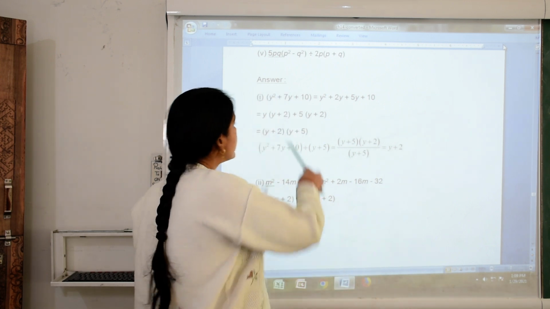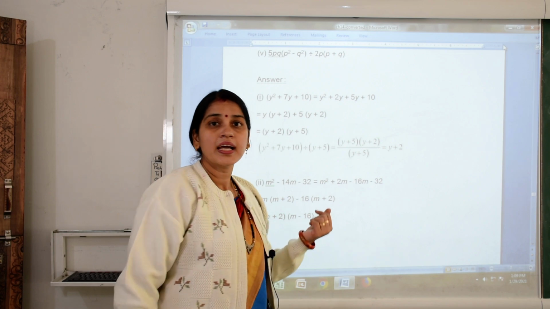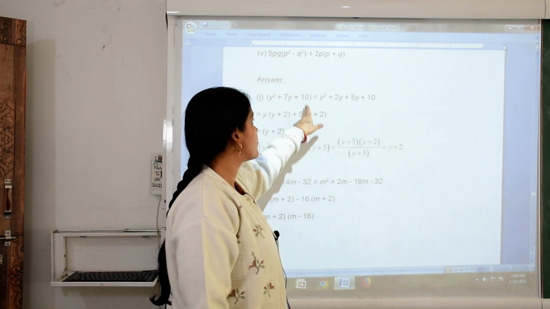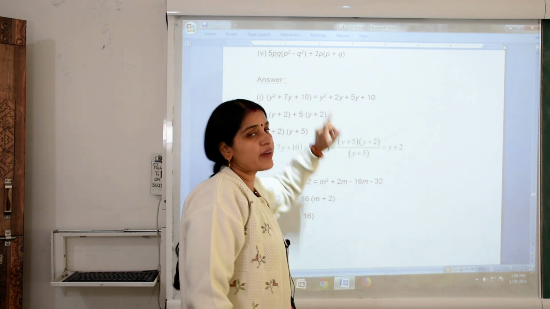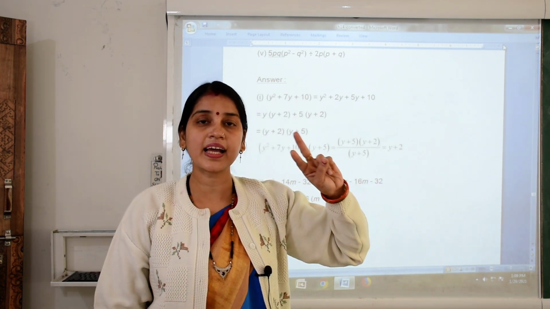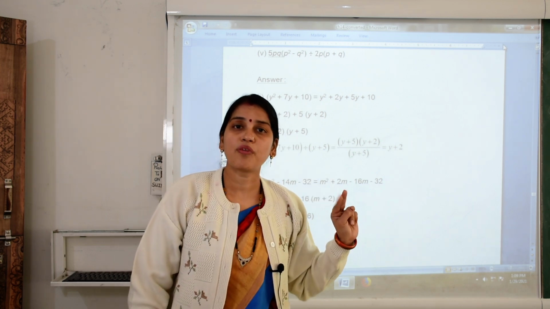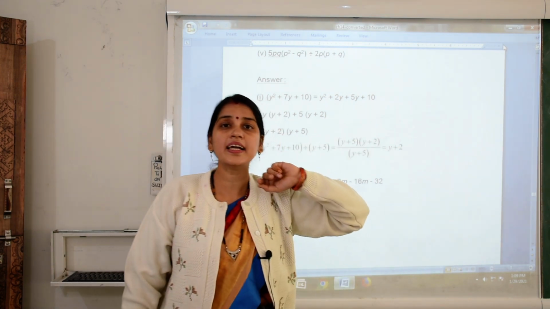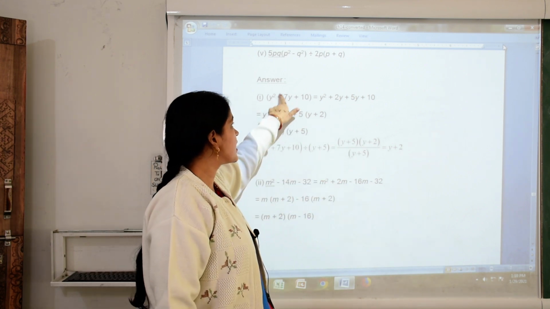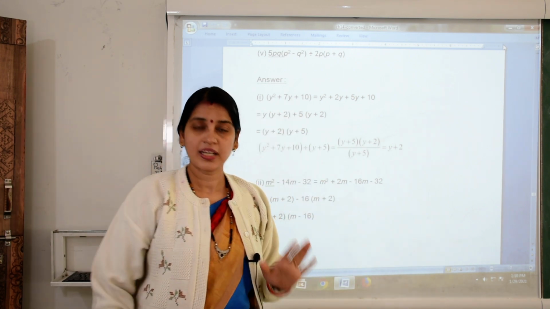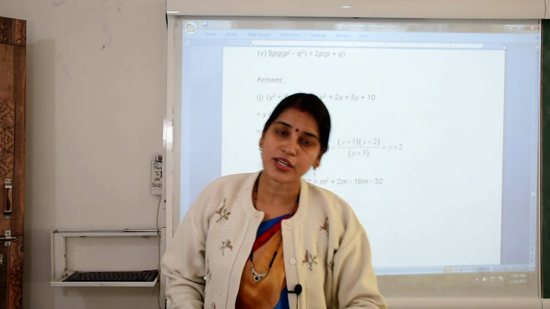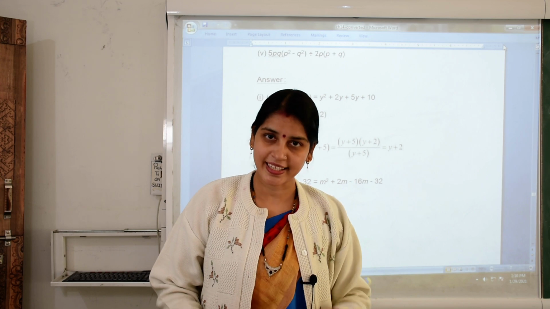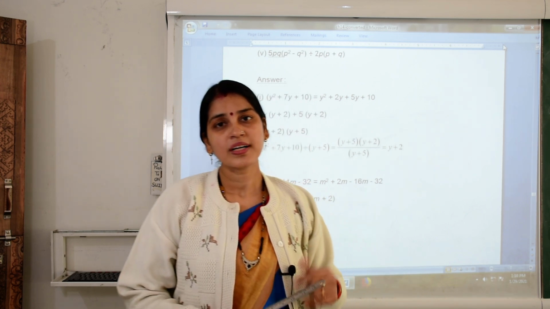Okay, so here it can be solved by splitting the middle term. Just now we have seen it, so we split it. So we take 2 factors of 10, which are in the form of product, such that on multiplying they give 10 and on adding they give 7. So which two numbers will those be? 5 and 2, because 5 twos are 10 and 5 plus 2 is 7.